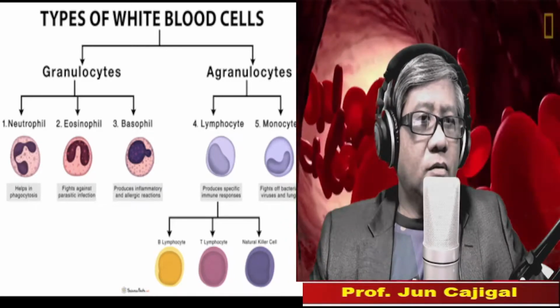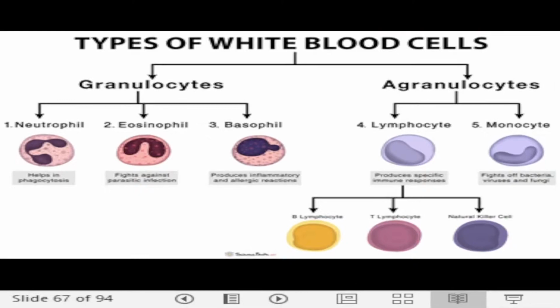Now, under granulocytes, we have the following types of white blood cells. We have neutrophils that help in phagocytosis or cellular eating. Then we have eosinophils that fight against parasitic microorganisms. And we have basophils that play an important role in allergic reactions.